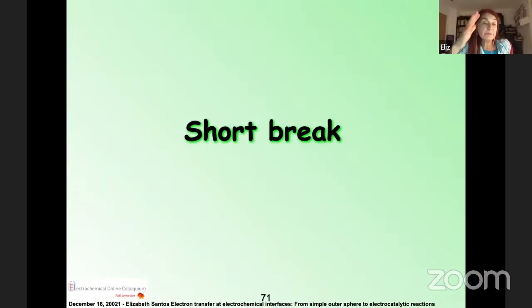These are parameters that are logical to assume. But in the next step I will show that through molecular dynamics we can calculate this reorganization energy.